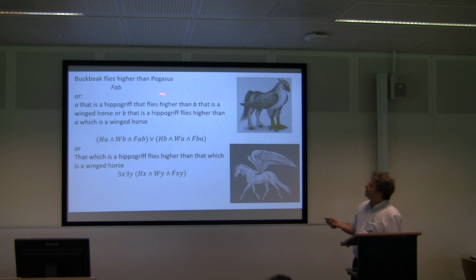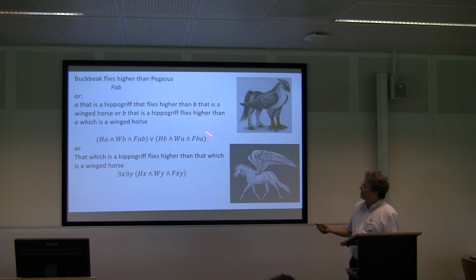So I've got Buckbeak flying higher than Pegasus. There it is. Pegasus. And we can formalize that as an asymmetric predicate F(A,B), A flies higher than B, or A that is a hippogriff that flies higher than B that is a winged horse, or B that is a hippogriff flies higher than A, which is a winged horse.